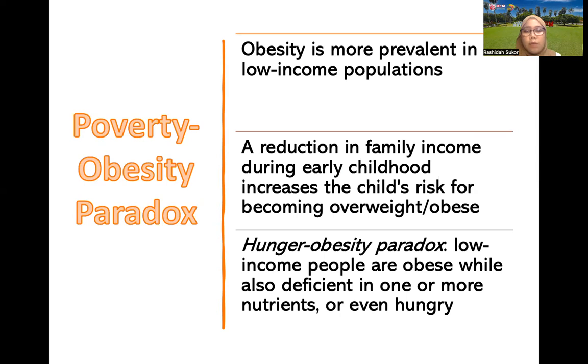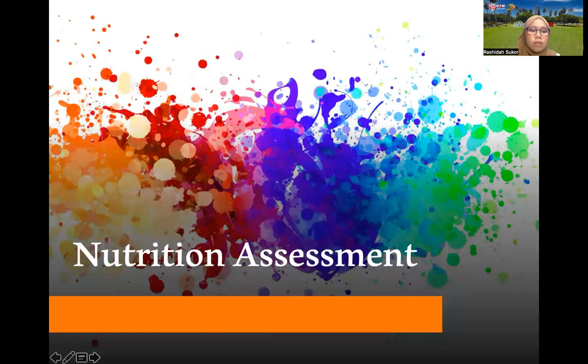Reduction in family income during early childhood increases the child's risk of becoming overweight or obese. This is also a big problem. And the hunger obesity paradox, where low income people are obese while also deficient in nutrients, malnourished or even hungry. So we have this problem in the low income population. I will stop here.